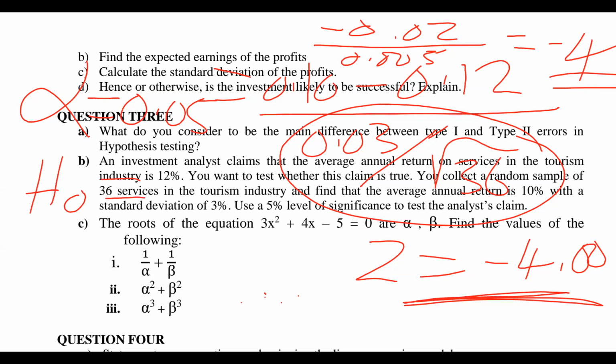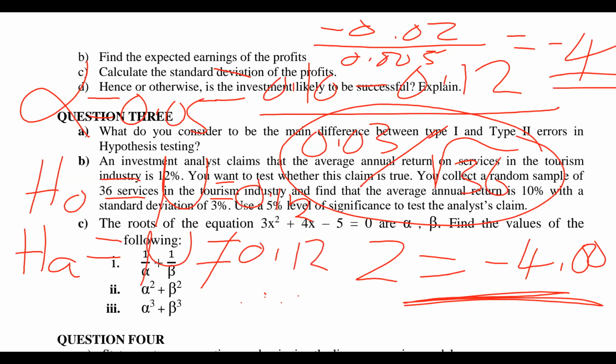The null hypothesis states that you believe that mu is equal to what? To 0.12. When you're forming the alternative hypothesis, you say that your mu is not what? Is not equal to 0.12. Okay, that's how you phrase it.